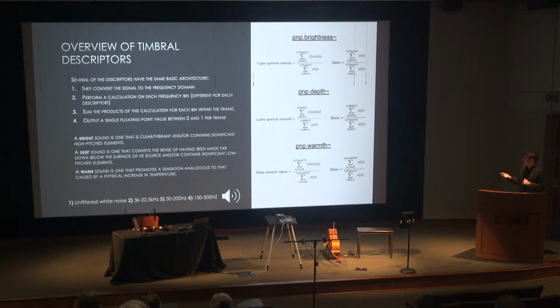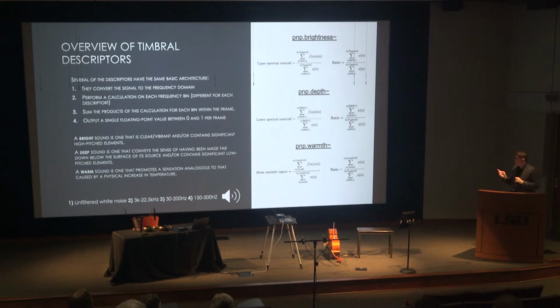One of the ways that we calculate warmth, and one of the ways it's suggested that the sensation of warmth is felt in a listener, is to have a very concentrated band of energy, as opposed to the energy being very distributed from the low to the high end. With warmth, we're looking for 2 things.